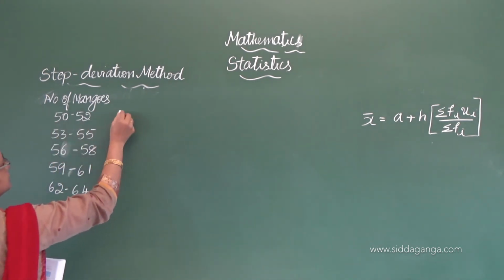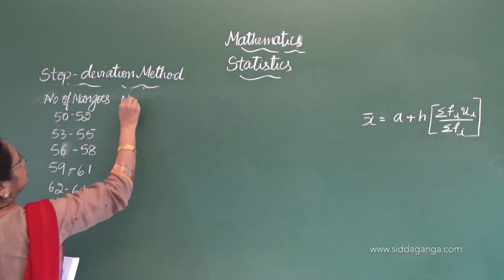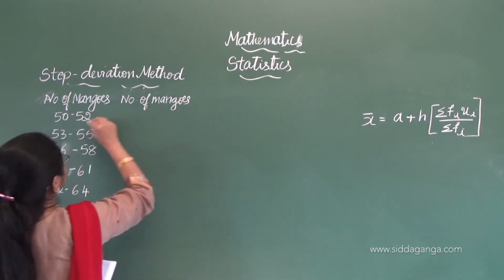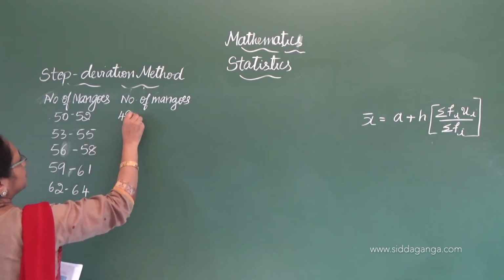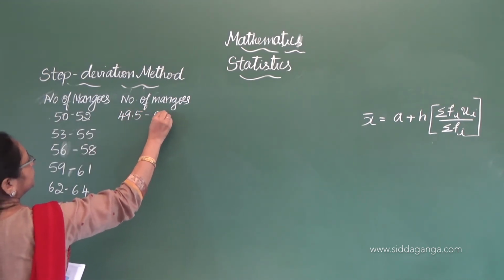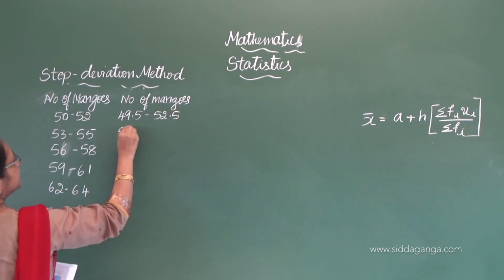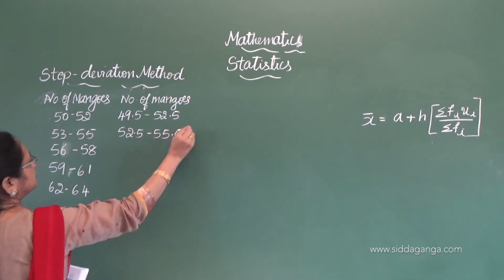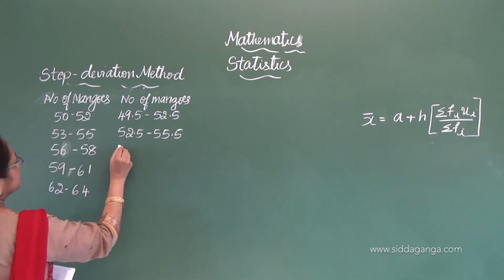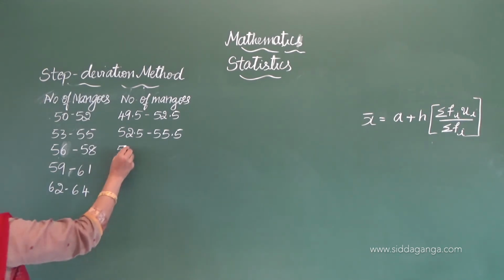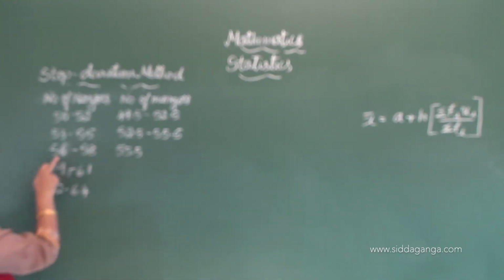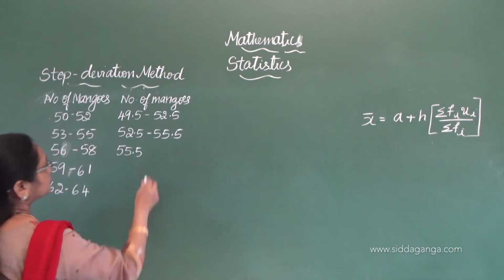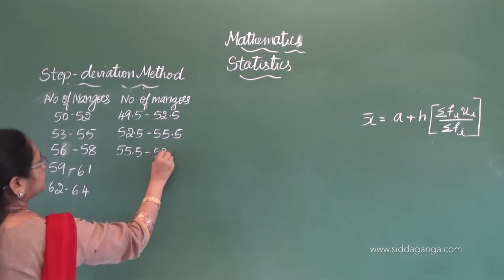So I will write the number of mangoes once again here: 49.5 to 52.5, and here 52.5 to 55.5, and here 55.5 to 58.5. That is, subtract 0.5 and add 0.5 for each class.